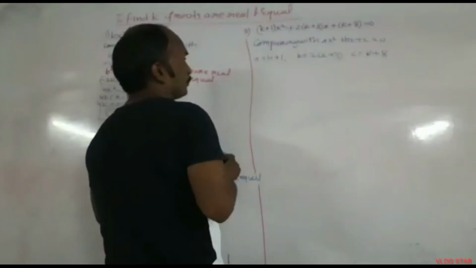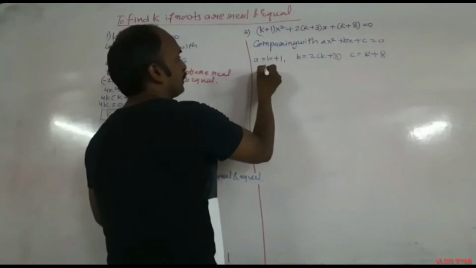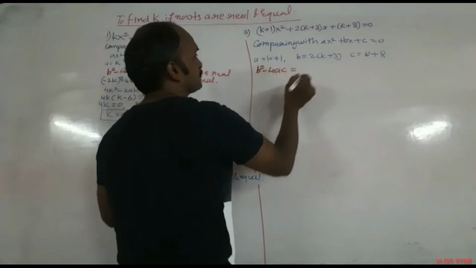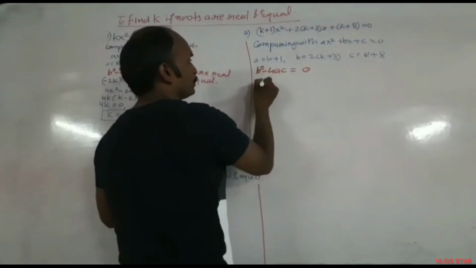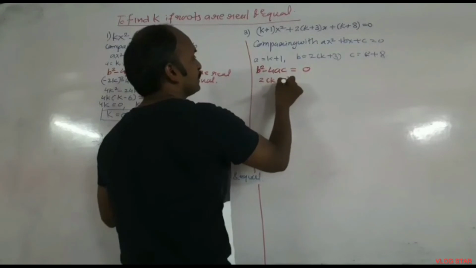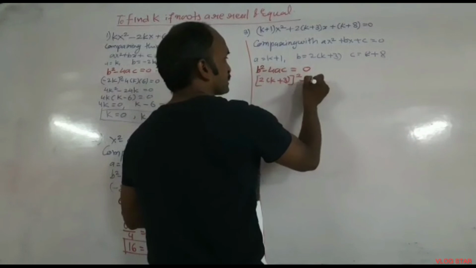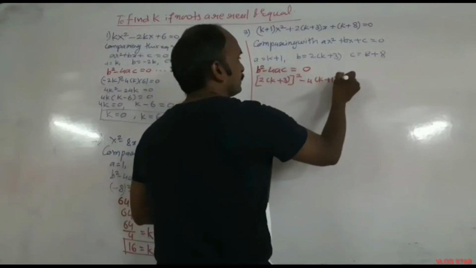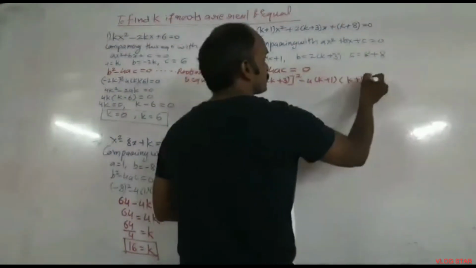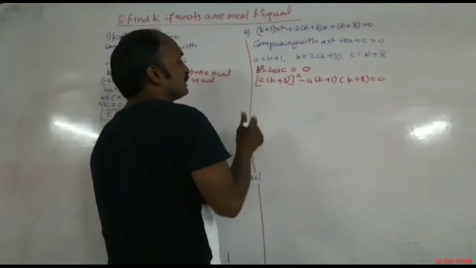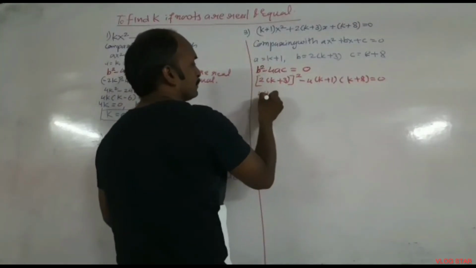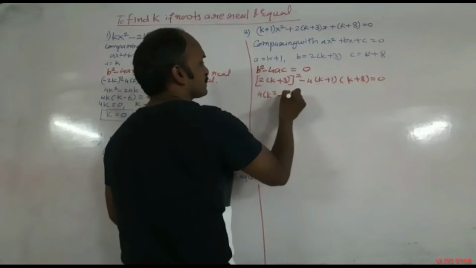Now we will substitute in the formula of b square minus 4ac is equal to 0. So 2k plus 3 whole square, use proper bracket, minus 4a into c is equal to 0. We can see here square of 2 is 4. This is k square plus 6k plus 9.